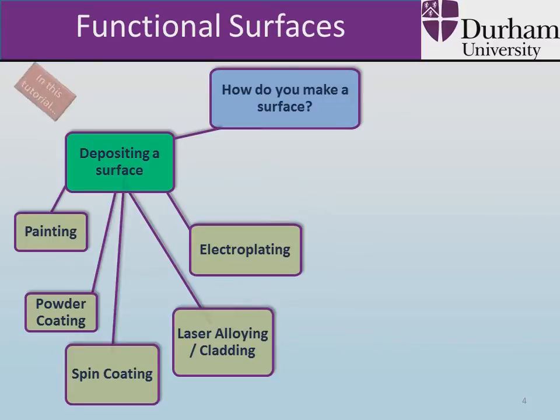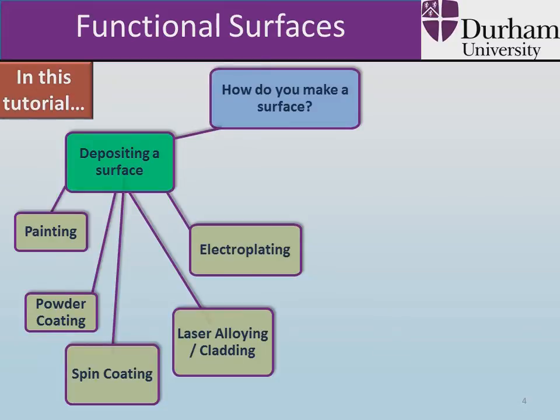In this tutorial, we will look at various ways of producing a new surface onto an existing substrate, using deposition methods, such as painting, powder coating, spin coating, laser cladding, and electroplating.